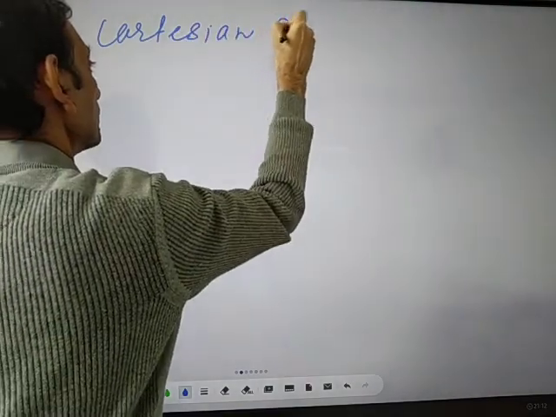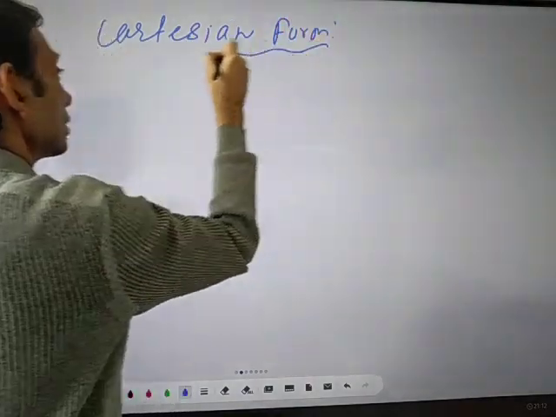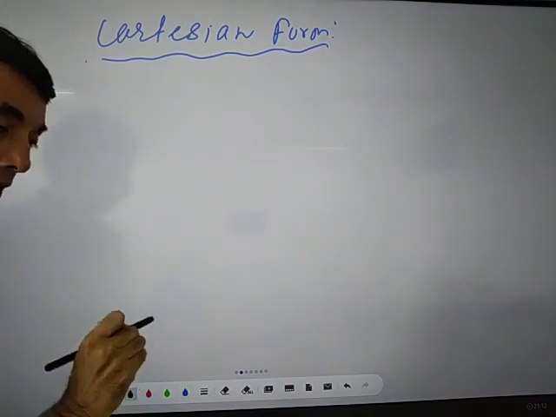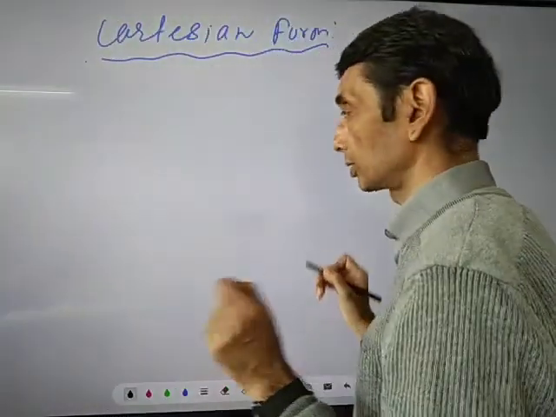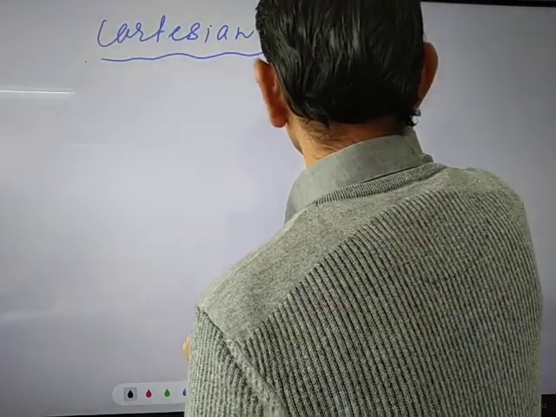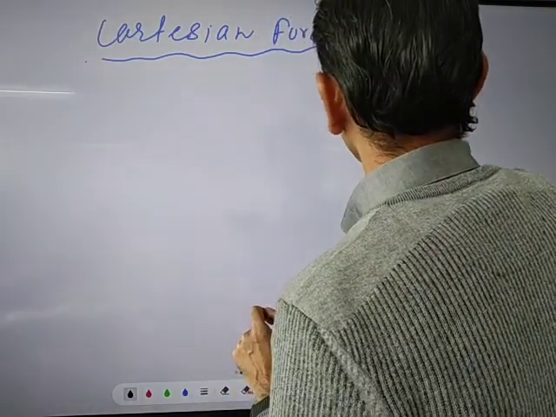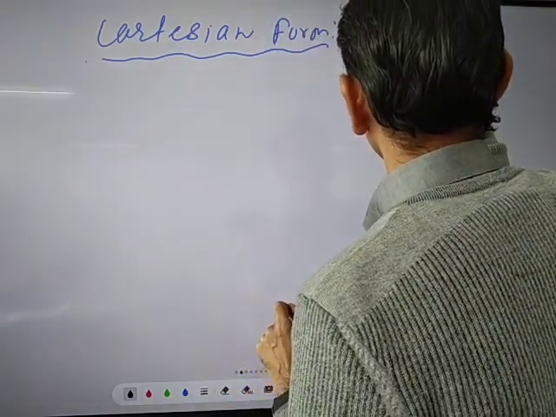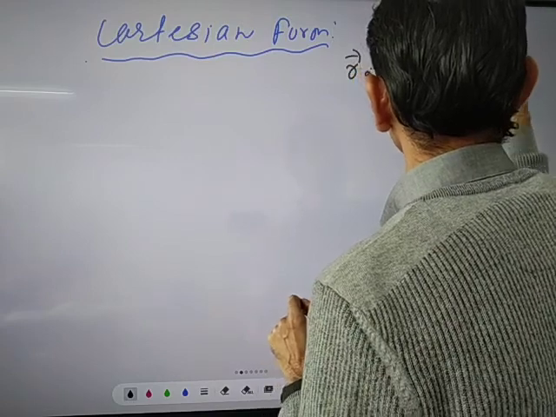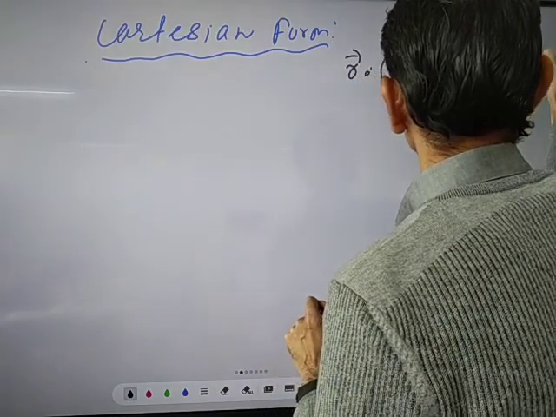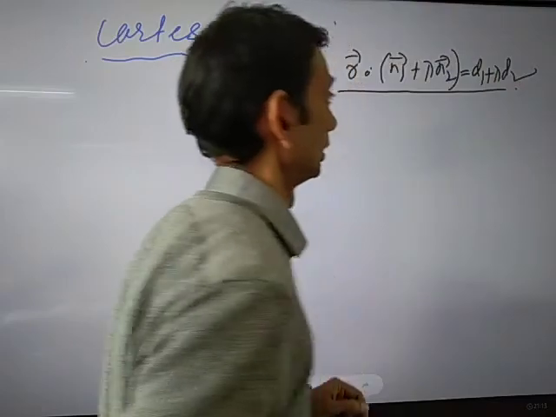For this we need to remember the vector equation of the plane: r dot (n1 plus lambda n2) equal to d1 plus lambda d2.